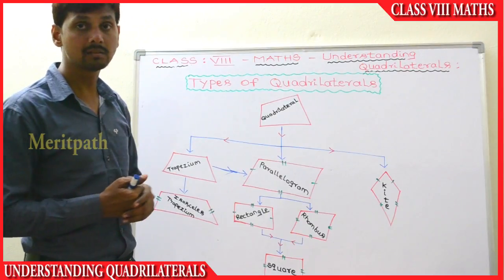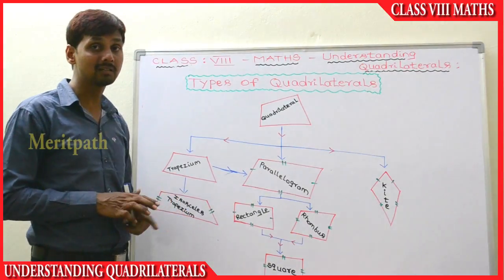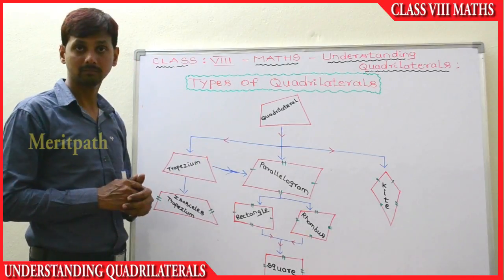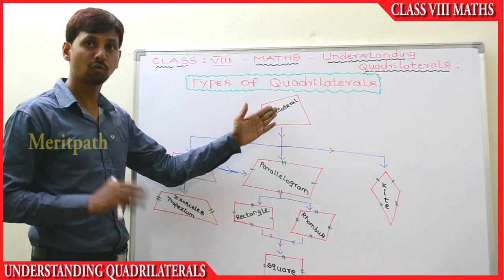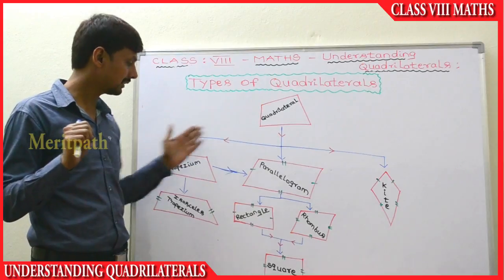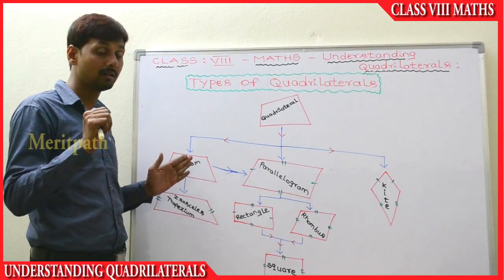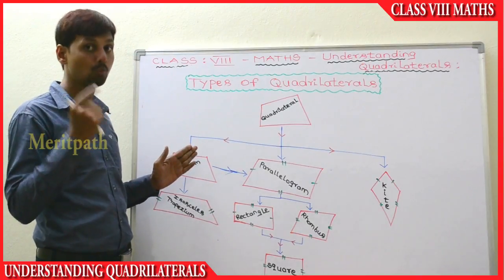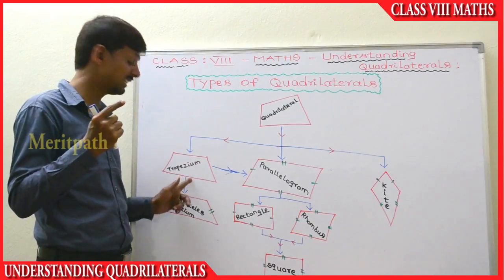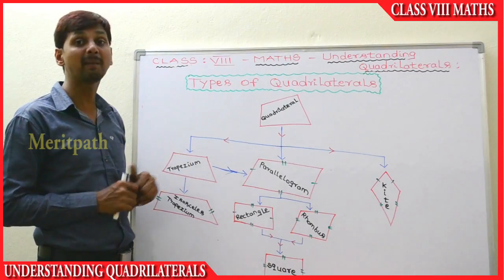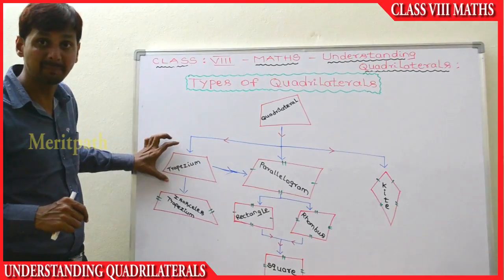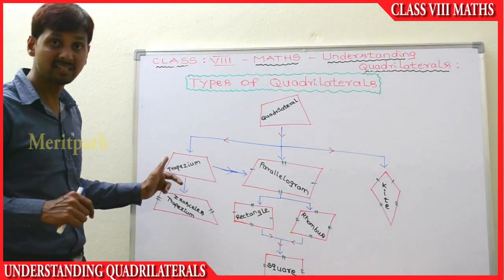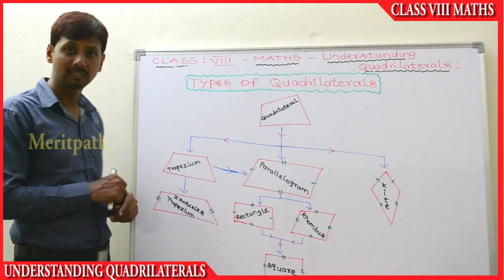So we have discussed the types of quadrilaterals. Let's recall. In a quadrilateral, a four-sided figure, if just one pair of opposite sides are parallel and the other sides are not parallel, we call it a trapezium.